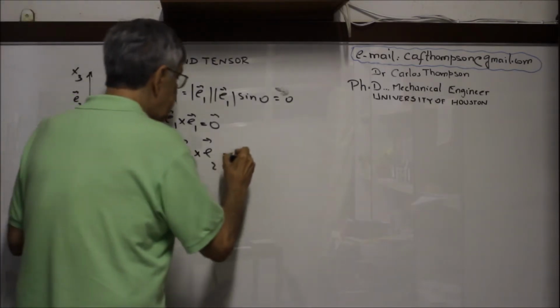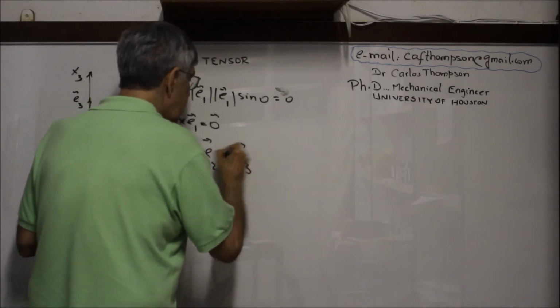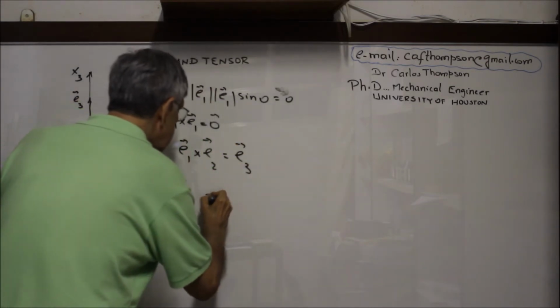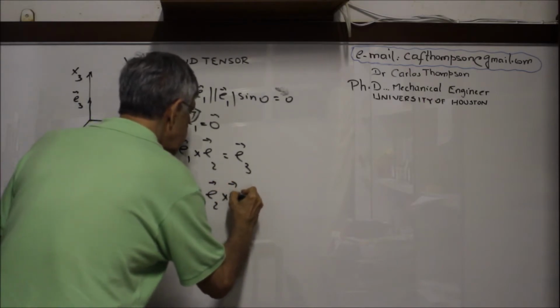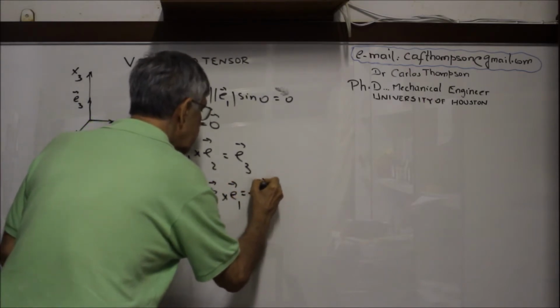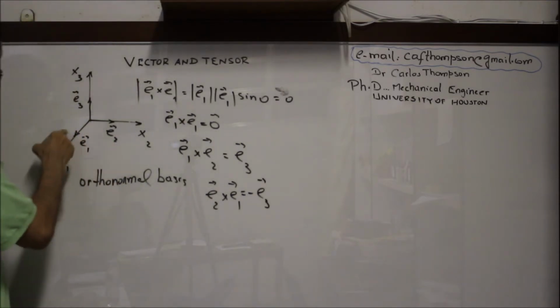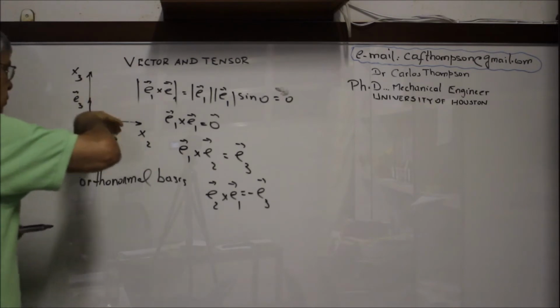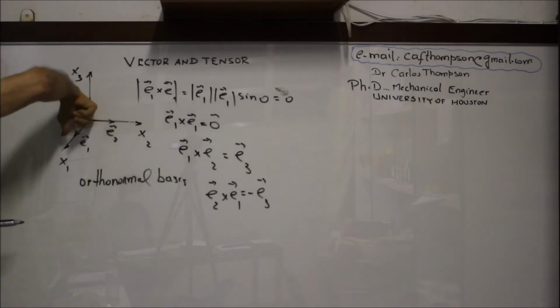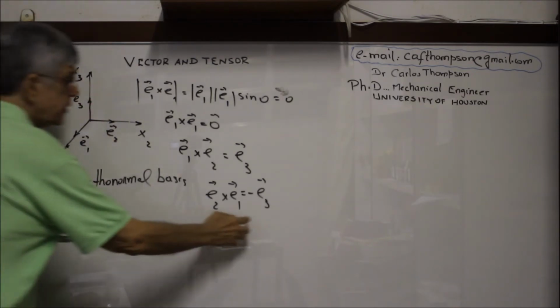So this will be E3. Now, obviously, E2 cross E1 will be minus E3, because for E2 cross E1, you just rotate with your right-hand rule, and you get minus E3.